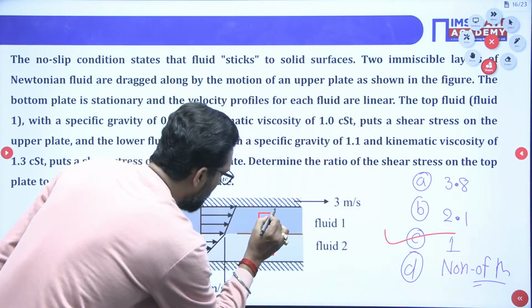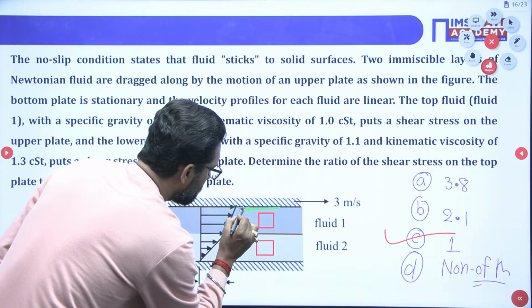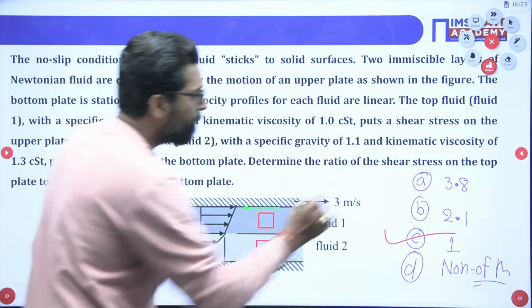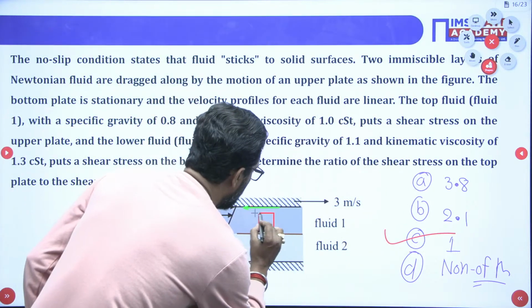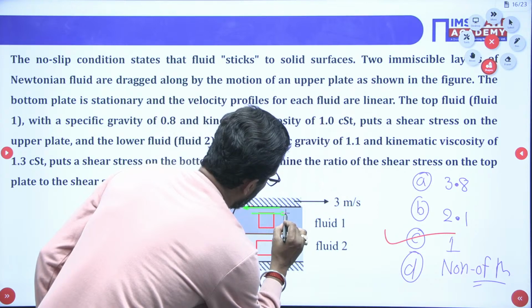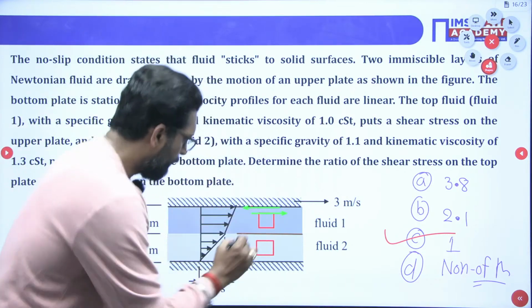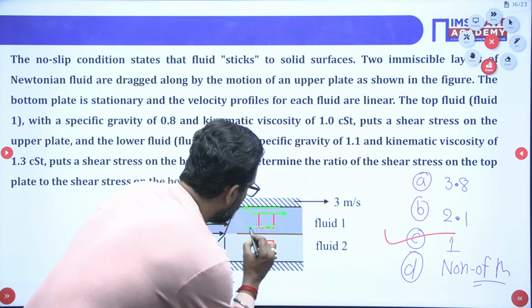So on the plate, in this direction, shear stress will be applied. This is the shear stress applied on the plate by the fluid element. On the fluid element, in this direction, the shear stress will apply. So the lower portion in this direction.